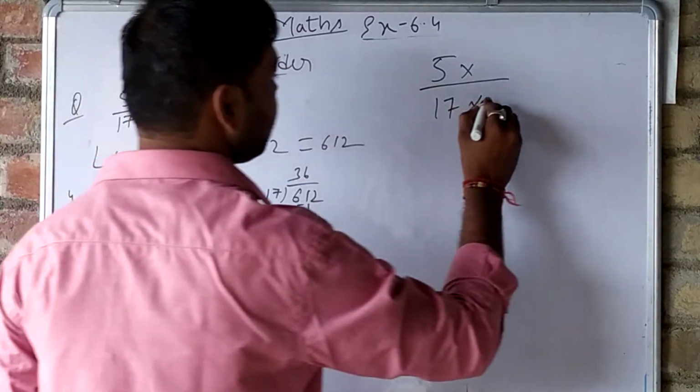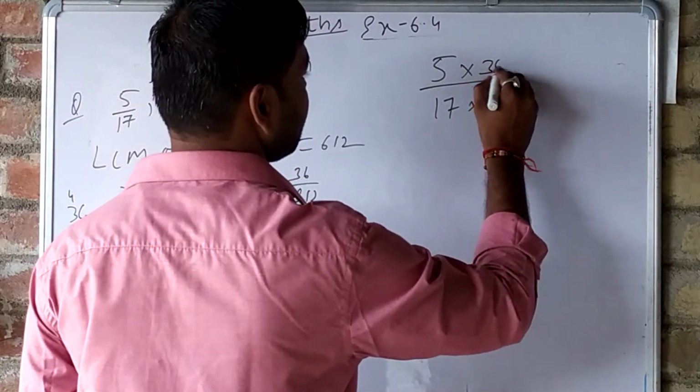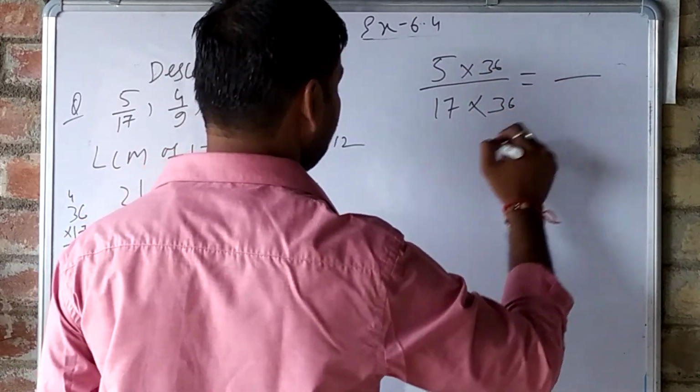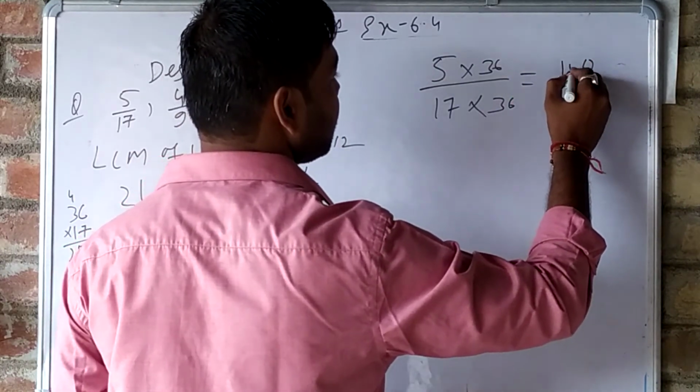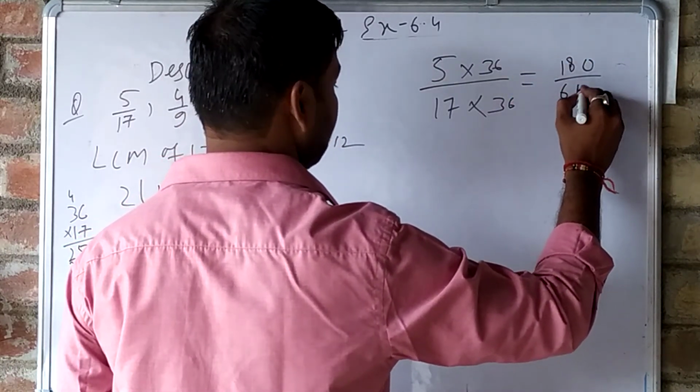So we have to multiply with 36. 5 6 is 30, 3 carry, 5 3 is 15 plus 3, 18 upon 612.